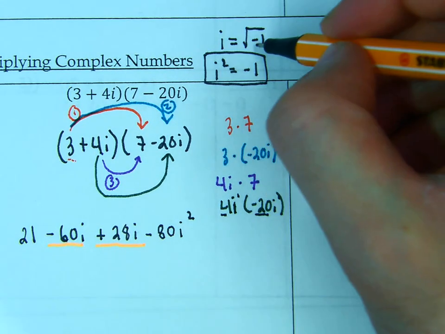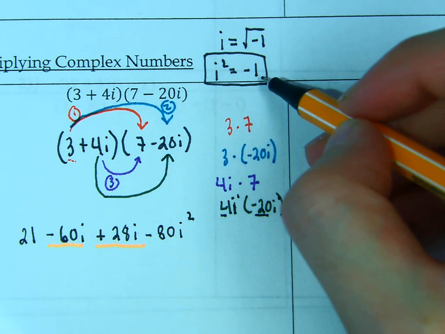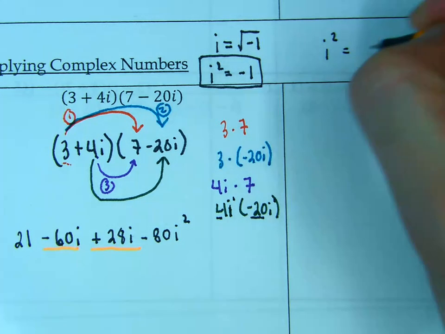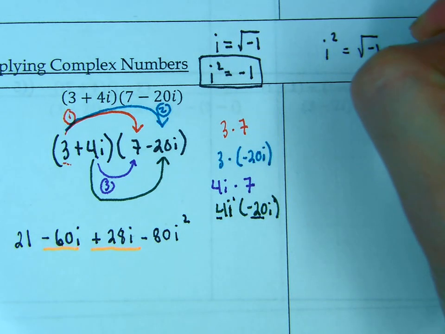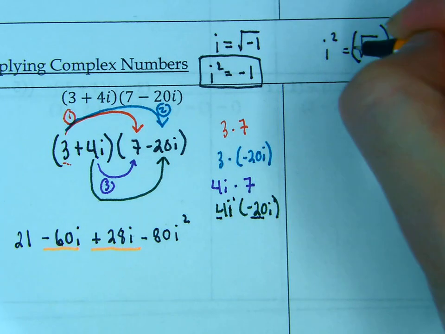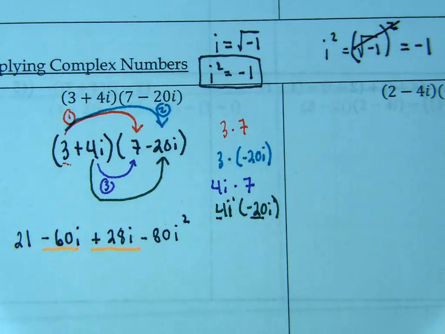So if i is equal to the square root of minus 1, why is it that when you square it, it equals negative 1? Well, if I have i squared, what's i equal to? i is equal to the square root of minus 1. And if I square it, what happens when I square the square root? It cancels. So I'm just left with negative 1.